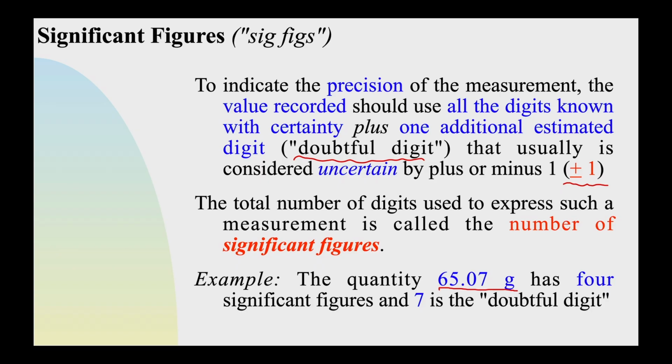There are 4 digits that are meaningful. The 0 in the middle counts. We'll talk about that in a little bit. The other thing that's important here is that 7, the last number, is the doubtful digit, and that'll be important to us later. So in this number, there are 4 sig figs, and the 7, the last one, is the doubtful digit, and we'll see what this means in a little bit.